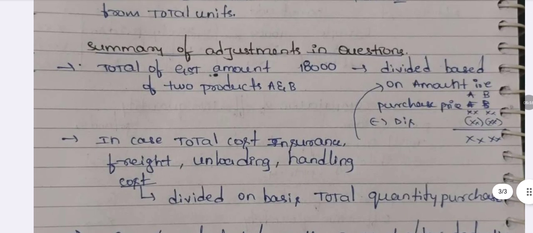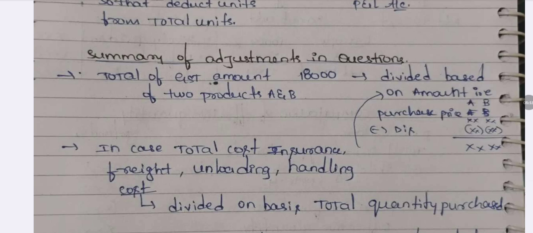Summary of the adjustments, which I took from the questions. The first one is, in some questions they give the total amount of the GST for the products. Then on which basis do we divide it between product A and product B? We divide it based on the total purchase price minus discount of the respective products.